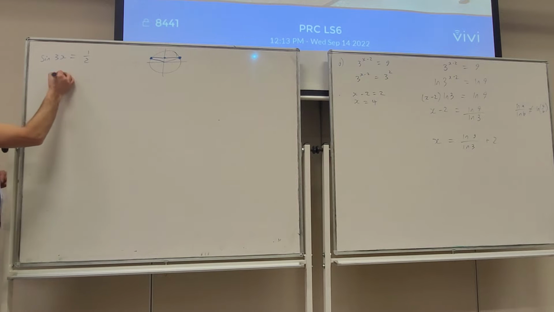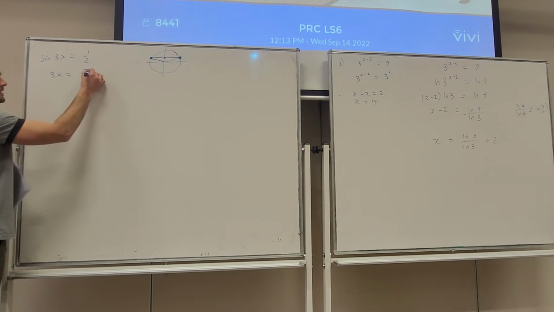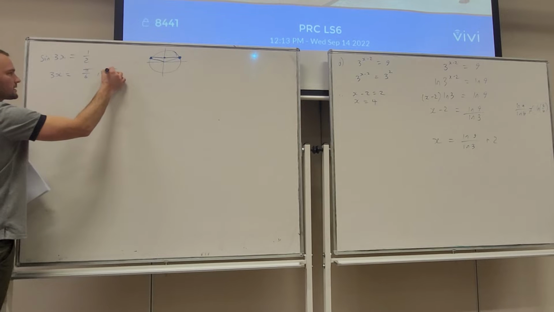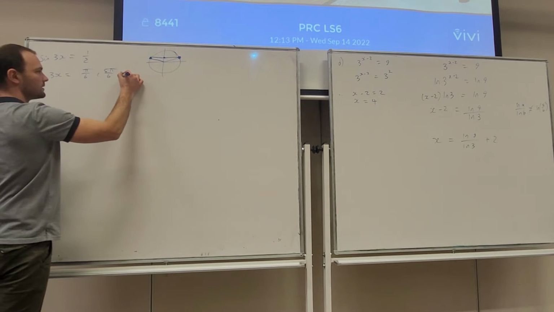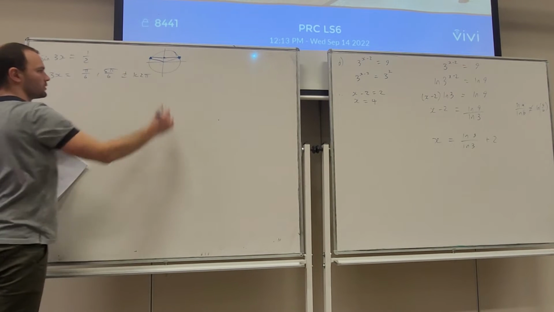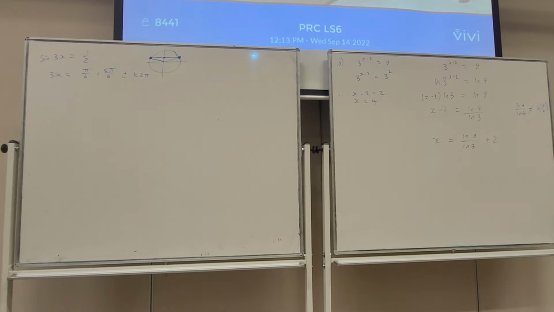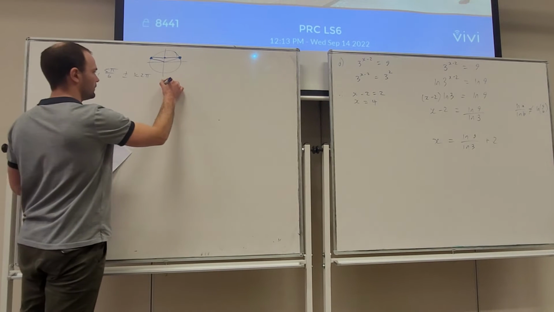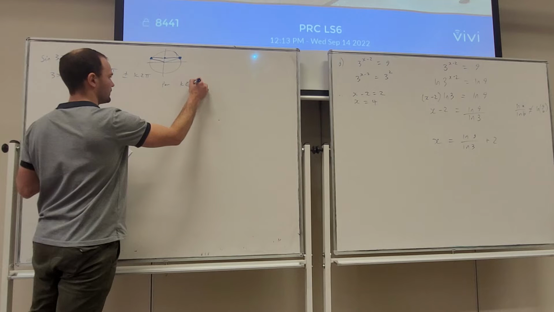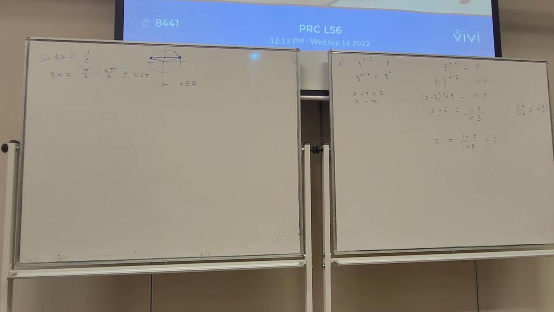So what we're going to have here then is 3x is pi on 6 and 5 pi on 6 plus or minus k2 pi for k e z. What does that part mean?